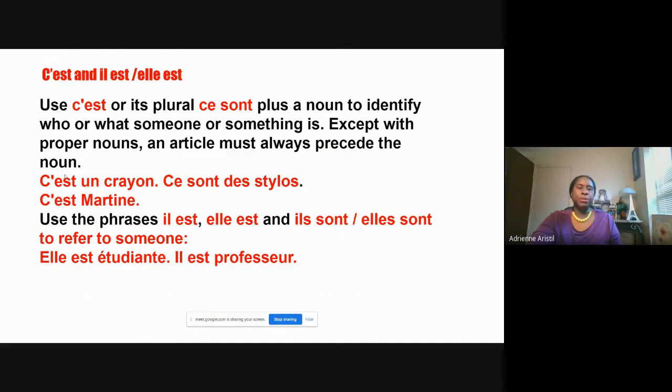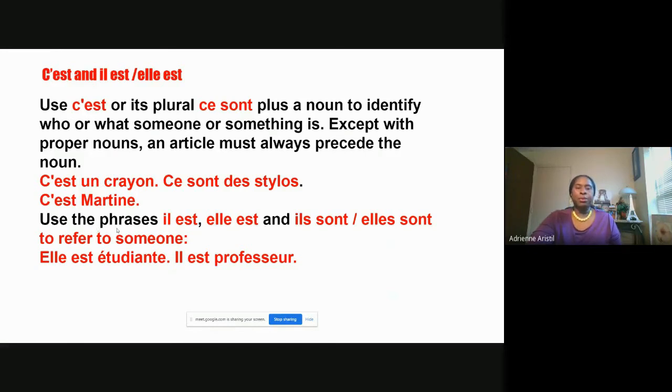For example, c'est un crayon. Ce sont des stylos. C'est Martine. Voilà. Martine doesn't need an article because that's a person. But when it's a noun, you have to have an article in front of c'est.